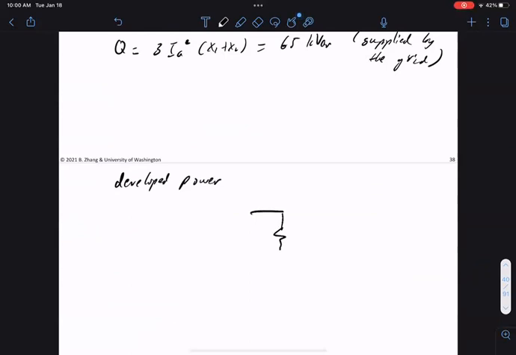Basically you have this R2 times (1 minus S) over S. That's how much power this resistor is generating for us. So let's compute the power generated by this.